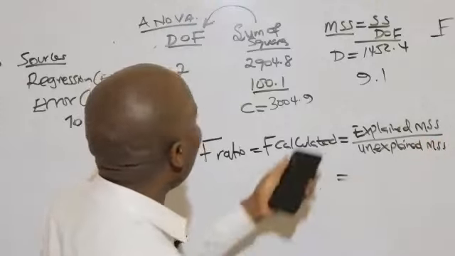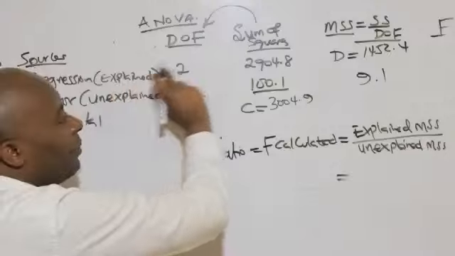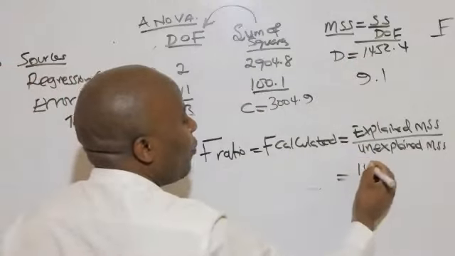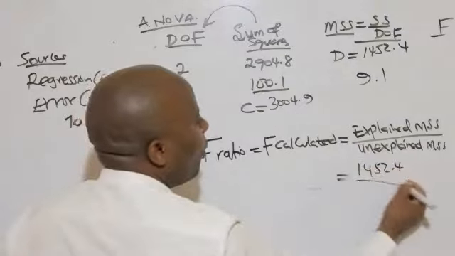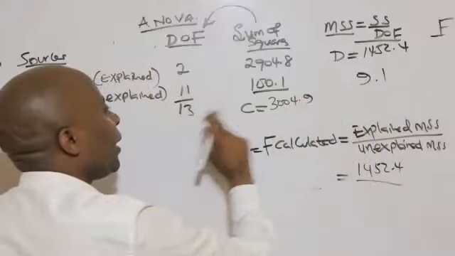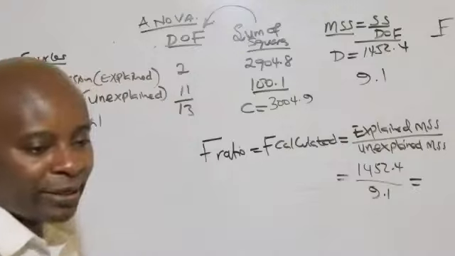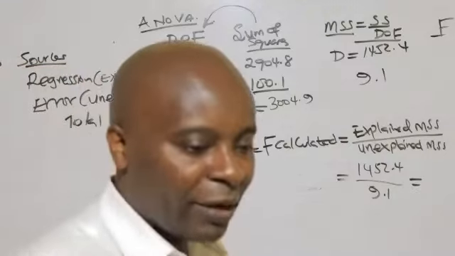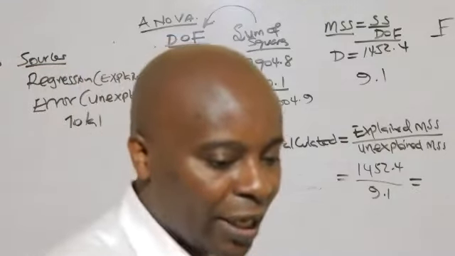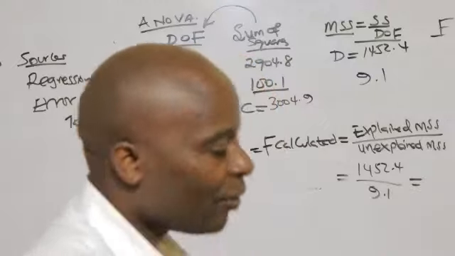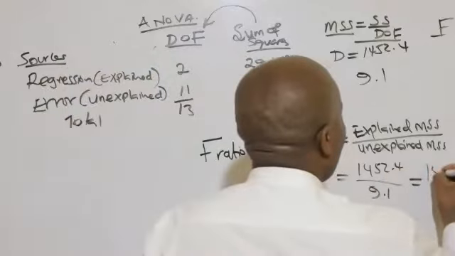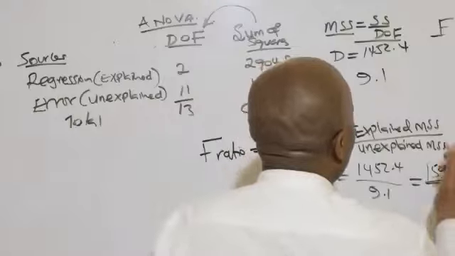So the explained mean sum of squares, we have 1452.4, all over the unexplained MSS, which is 9.1. So what figure are we able to get there? I'm being given a figure of 159.6. And that is it.